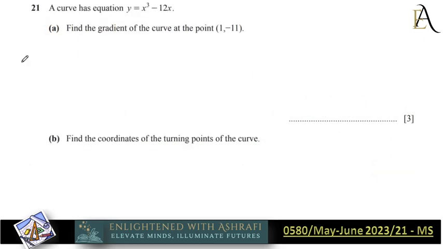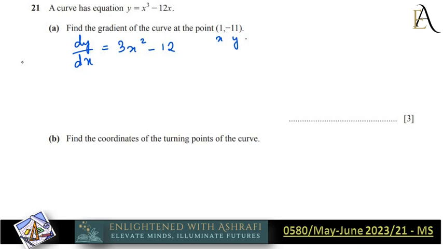Question number 21, finally the last question. A curve has equation y equals x cubed minus 12x. Find the gradient of the curve at the point 1, minus 11. So gradient you can find by using the derivative. The derivative of x cubed minus 12x is going to be 3x squared minus 12. Since we have to find it at the point 1, minus 11, we have the value of x and y.